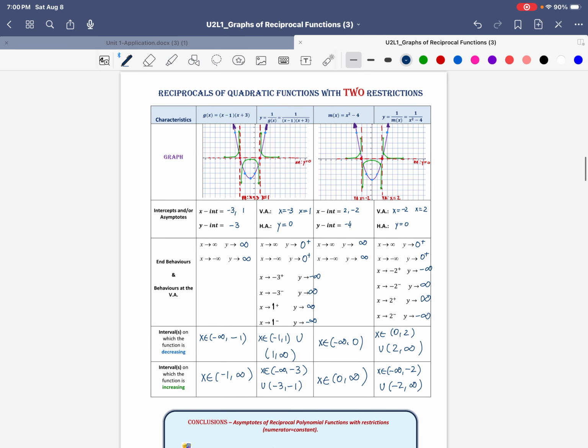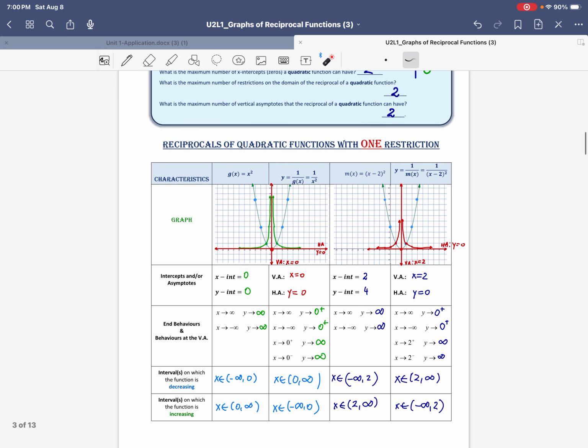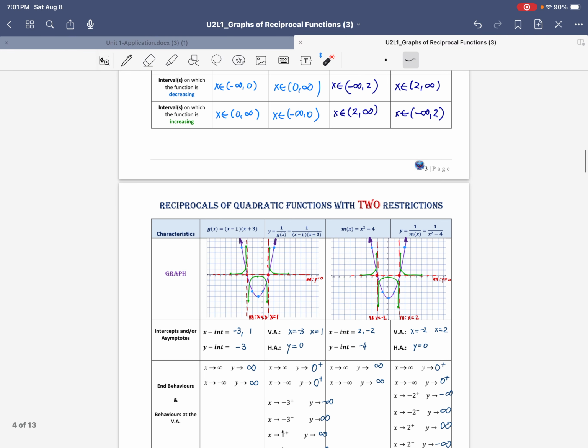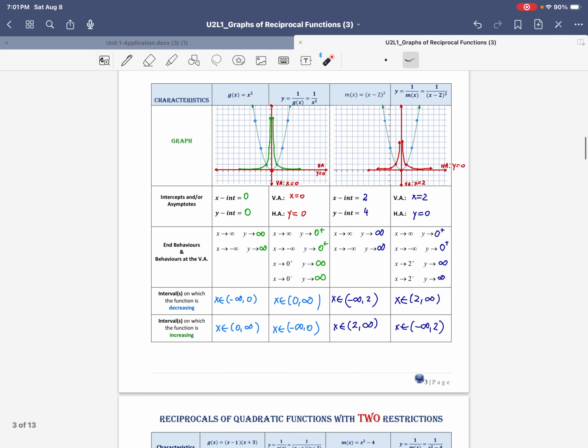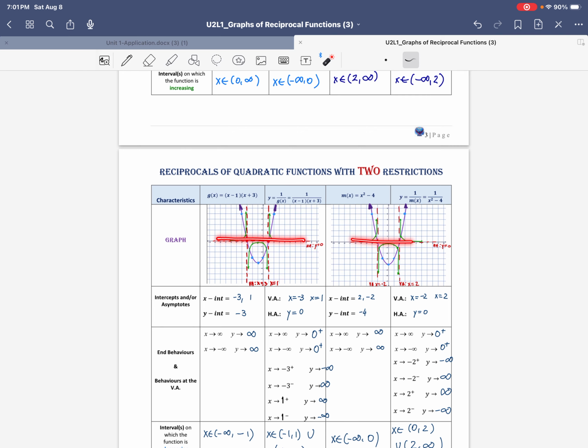So as you can see, when you graph the reciprocals of a quadratic function, whether it is with one restriction, when you have only one vertical asymptote and you only see these two arms, or when you have two restrictions on the reciprocal of a quadratic, where you get those two arms that we get in the one restriction, but you also get something in between the two vertical asymptotes. Notice how the horizontal asymptote remained the same. And this is something that I discussed to more extent in lesson 2 of this unit.